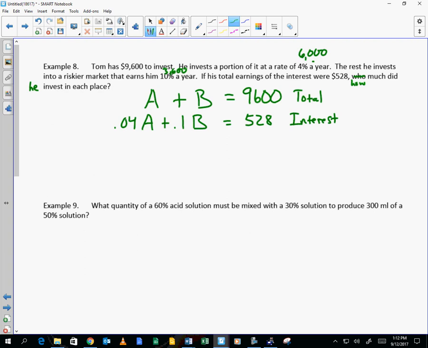And now you have two options for solving this. You can use linear combination or you can use substitution. Most people in this situation like to use substitution. If you subtract an A from both sides, you get B is equal to 9,600 minus A. Now I can plug that in for B. I have 0.04 times A plus 0.1 times (9,600 minus A) is equal to 528.